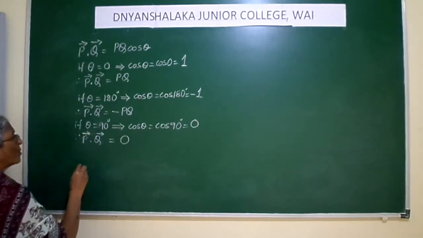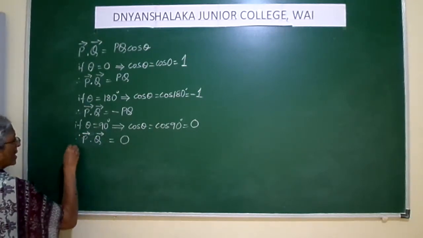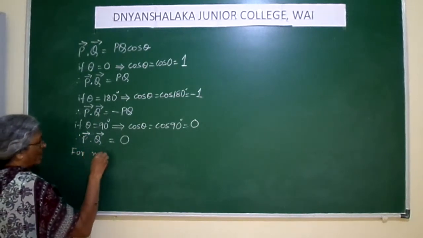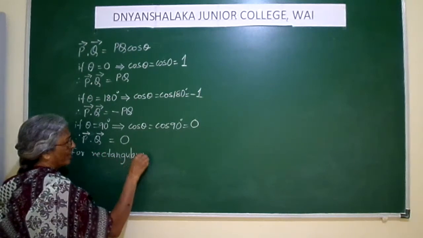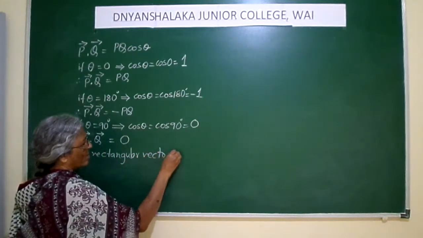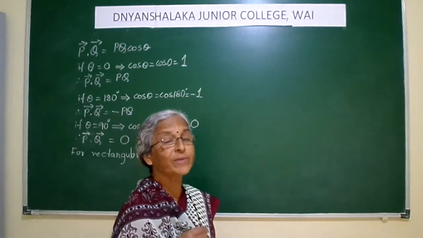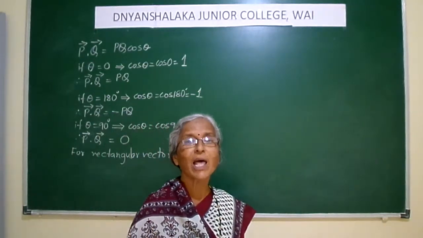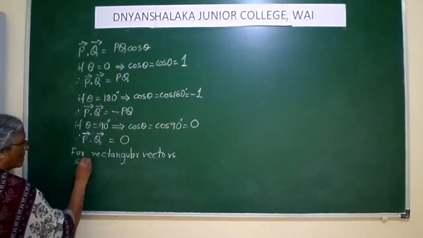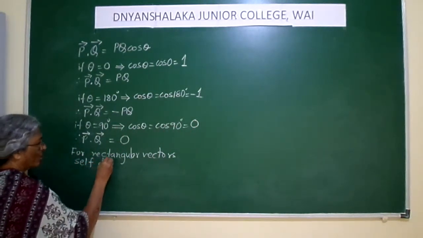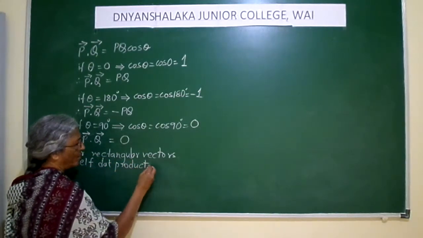Okay. Now from these implications that I have got, for rectangular unit vectors, what can I say? For rectangular unit vectors, their self-scalar product or self-dot product, self-dot product means what?